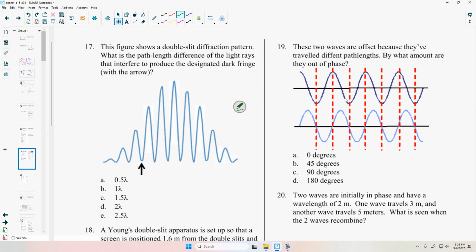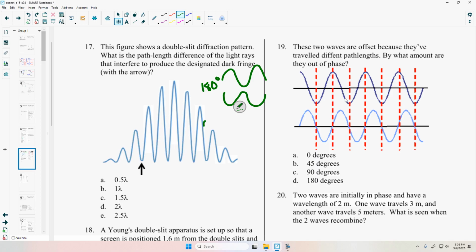Okay. Pretty sure you have one of these too. So here I want to know by what angle these are out of phase. Y'all know what the answer is? No, 180 would look like this. If they were 180 out of phase, they would look like this. That would be 180.